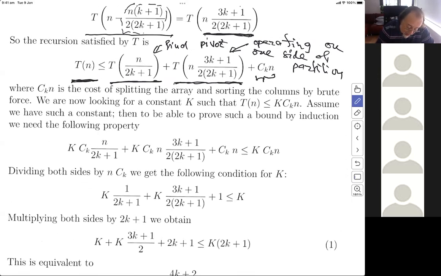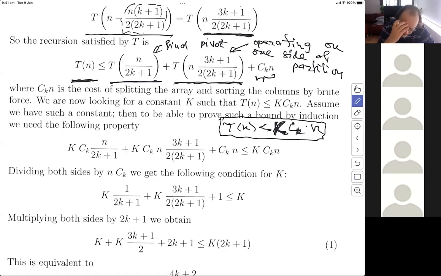Now we want to show that T of n is smaller than some capital K times ck times n, right? Because we want to show that it is a linear time algorithm. So we want to figure out this capital K, how large it has to be so that you always have this bound. You will prove this bound by induction.